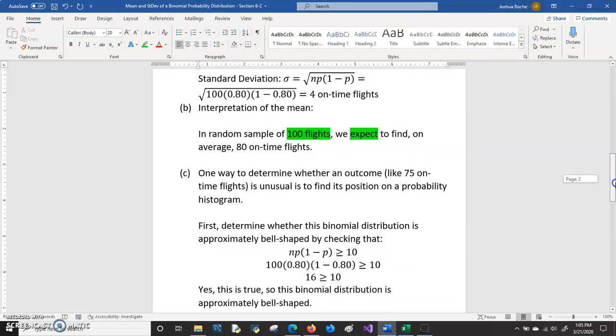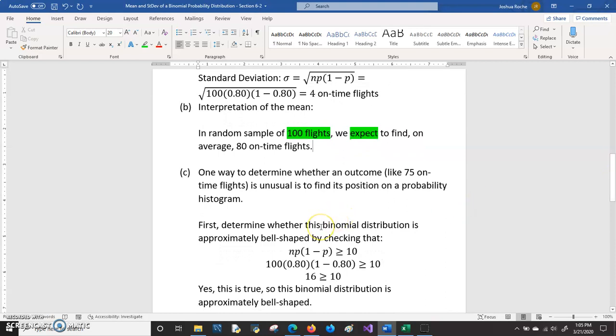The first thing to do before we can even think about that is just to make sure that the distribution is approximately bell-shaped. And to check that, we can use a particular formula that can make that conclusion. You want to check to see if n times p times 1 minus p is greater than 10.